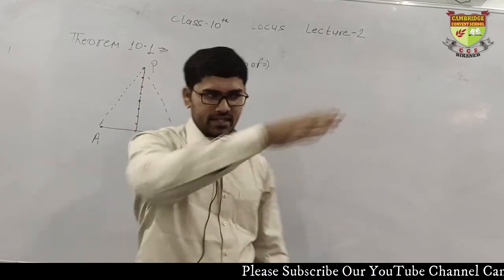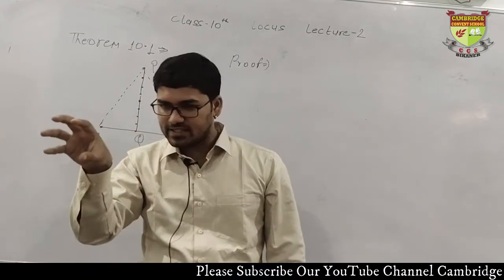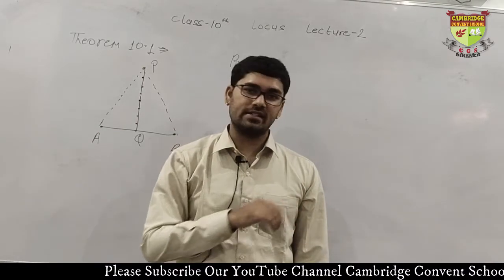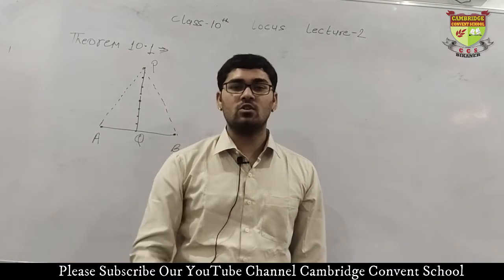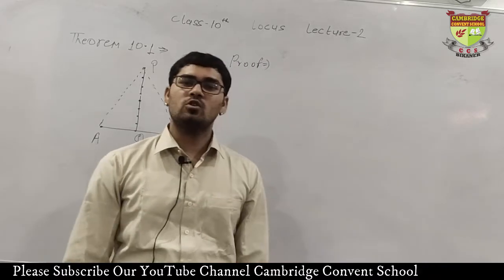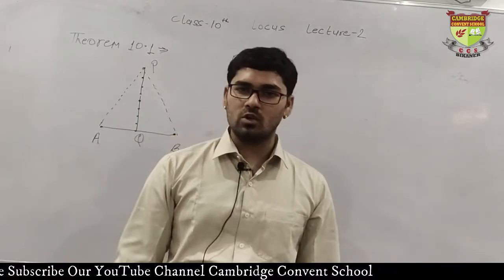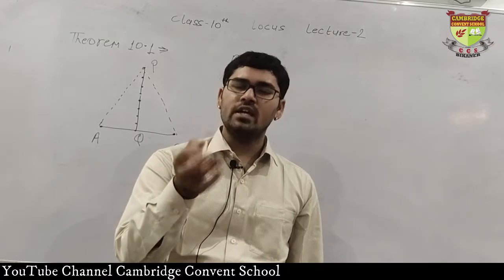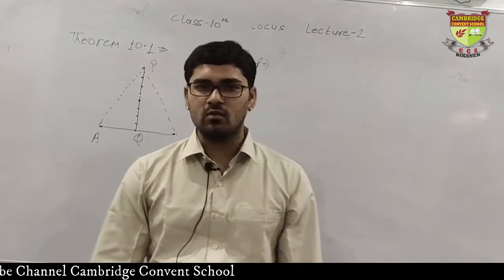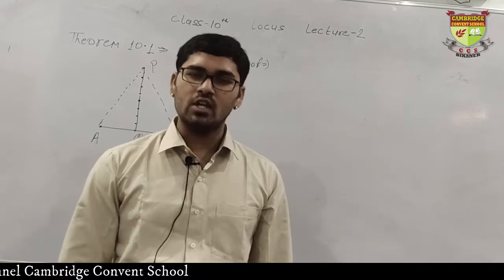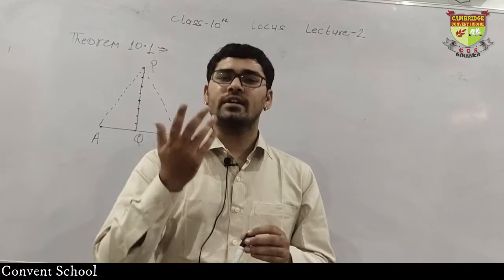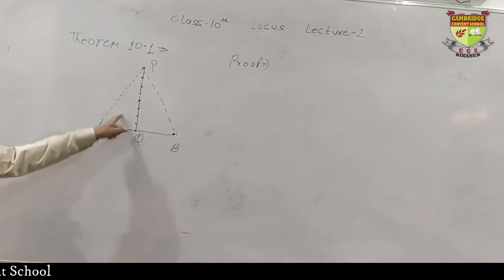One side is 6, its one side also 6, its angle is 60 degrees, this is also 60 degrees. If everything matches exactly, then those triangles are known as congruent triangles. To prove any two triangles congruent, we have to make three things equal, and the remaining three things will be equal automatically. Okay, so this was in the syllabus of 9th class, so we are not going to study it in detail. Okay, so there are two triangles here.